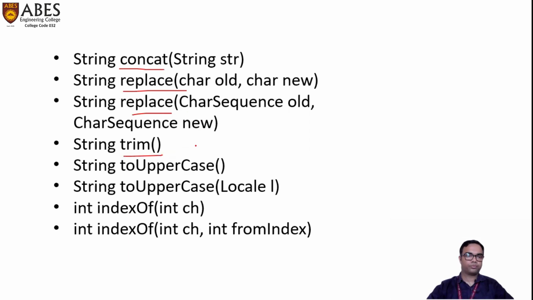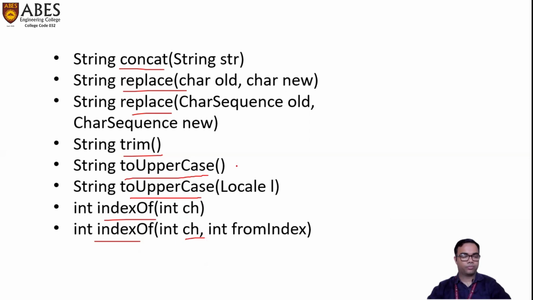Okay. Next, we have toUpperCase. It will convert into uppercase. Next, we have toUpperCase with locale also. We have indexOf, we can find the index of any particular character. And we can also have the variation of indexOf, means if you want to find a particular character after a particular index, then we can do this.